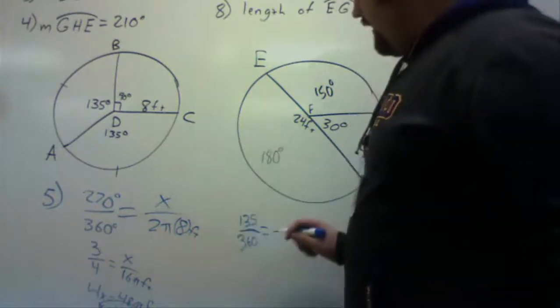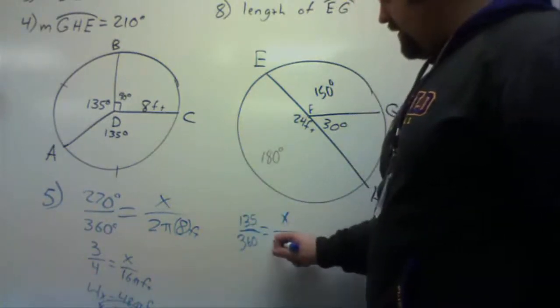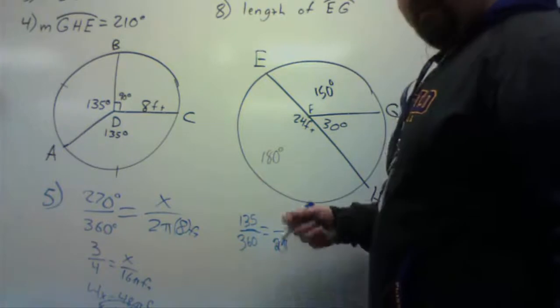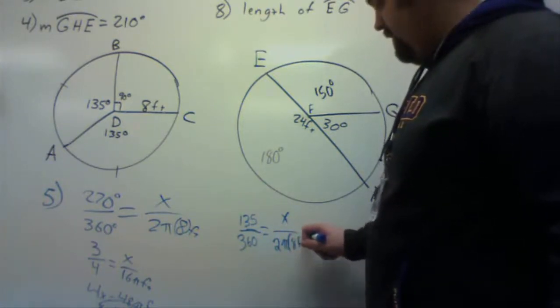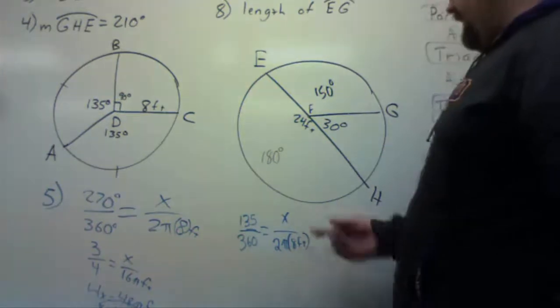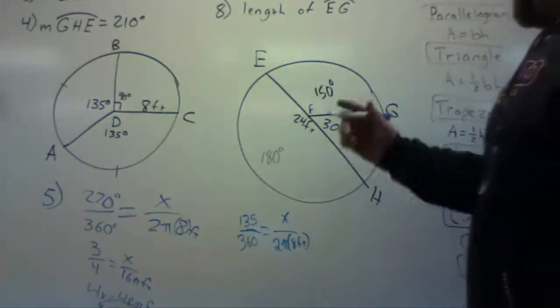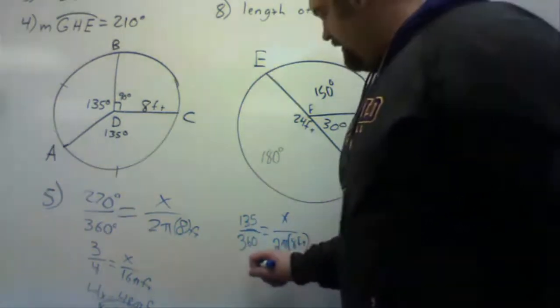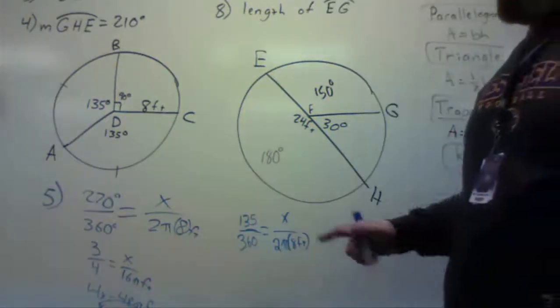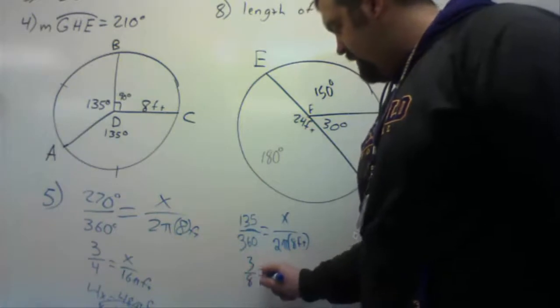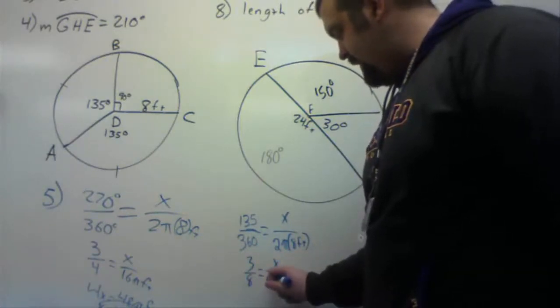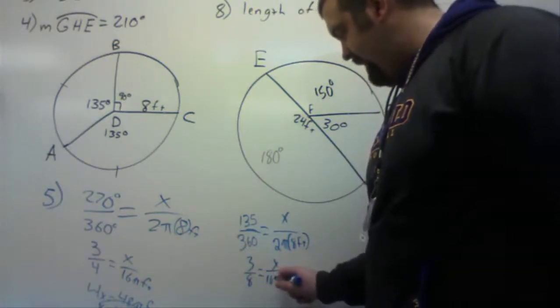The length of the arc is x out of the full circle, 2 pi r, or 8 feet. Now I'm looking for the length of arc AC. Time to cross multiply and solve. Let's reduce the right side first. It ends up being 3/8 equals x to 16 pi again, feet.